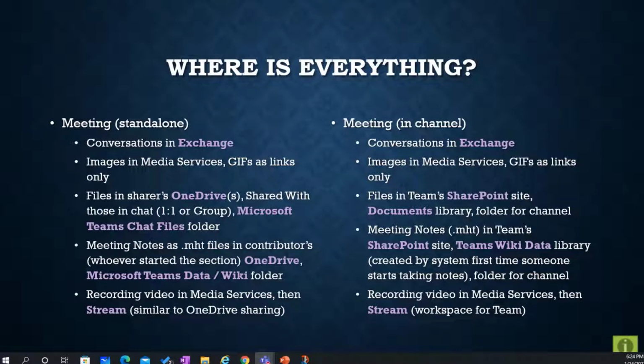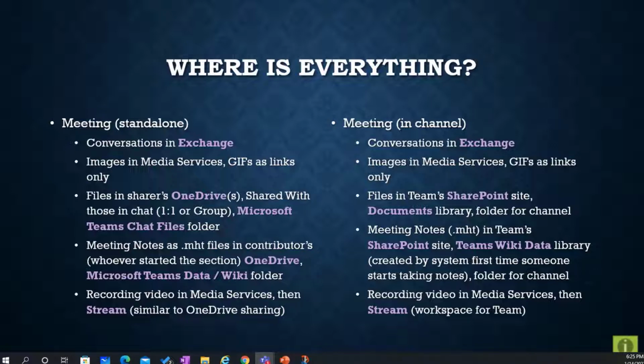If someone takes meeting notes using that wiki tab that shows up, if somebody says meeting notes and you start using it and provide a title, provide a section and everything, then those files are actually stored in the contributor's OneDrive.